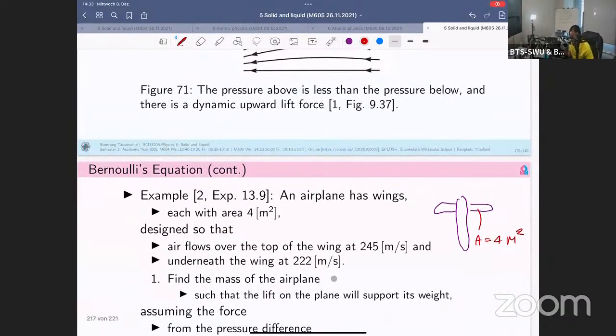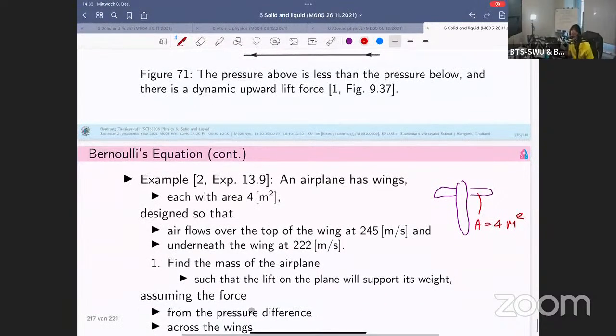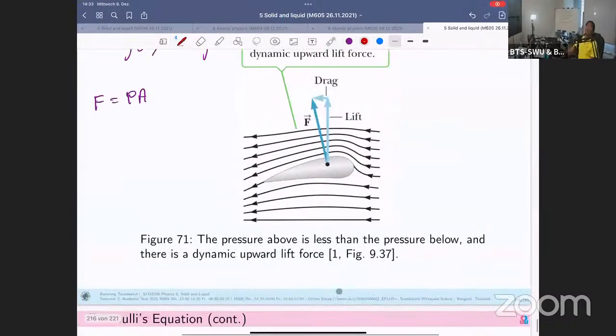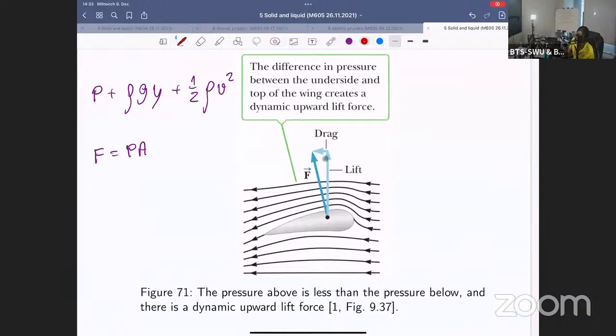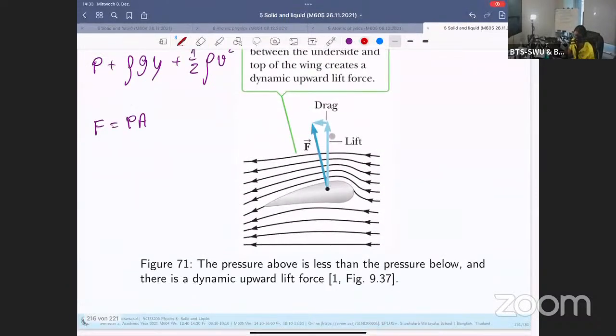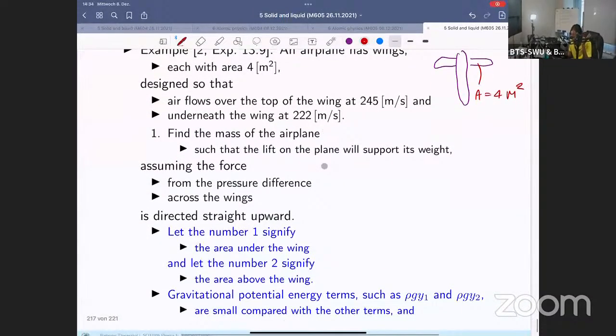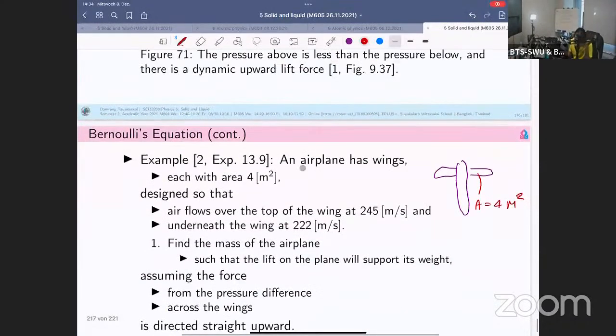Find the mass of the airplane such that the lift on the plane will support its weight, assuming the force from the pressure difference across the wing is directed straight upward. It means the lift force is straight upward, and the net force is also straight upward. It means we neglect the drag force. We assume that we have only the lifting force here, and we need to find the mass of the airplane. What is M of the airplane?